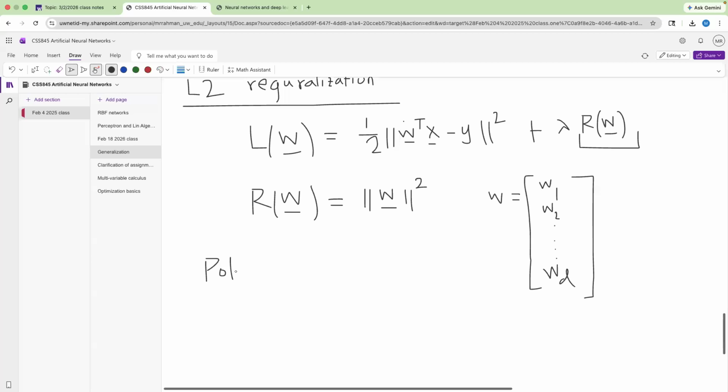What we are trying to talk about here is polynomial fitting.